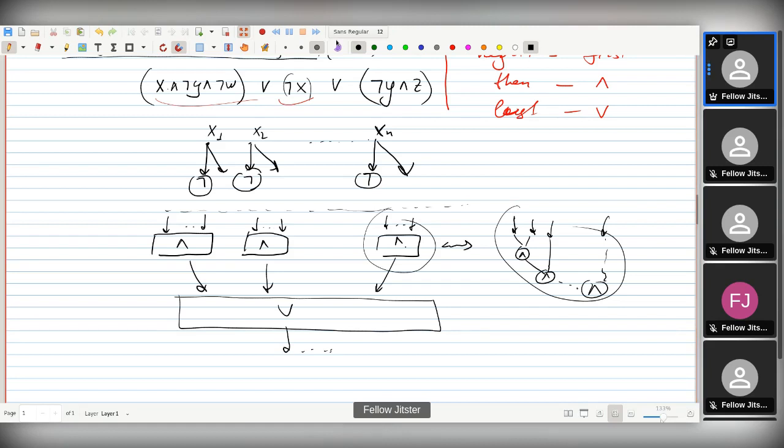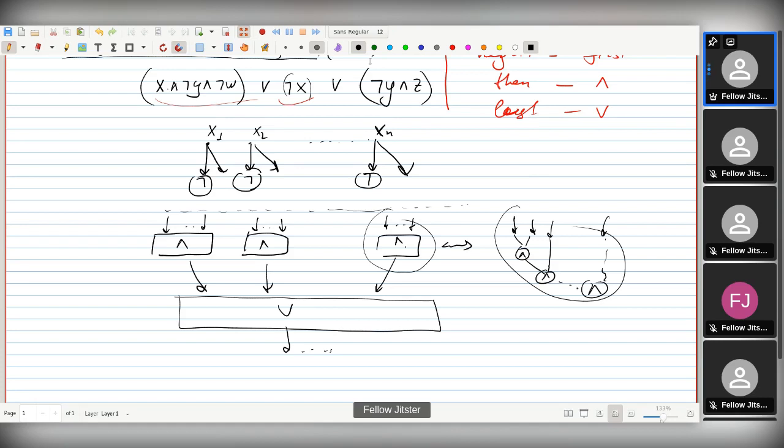Is this idea clear? Or do you need a formal definition? So a DNF is a circuit of special form, where first you apply negations, then conjunctions, and then disjunctions.